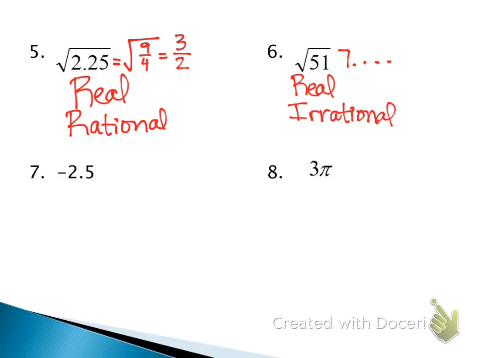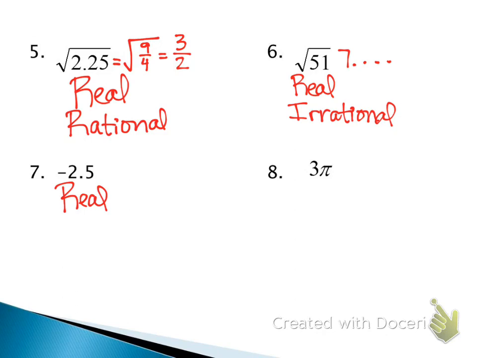Jakeem, what's the biggest number set for negative 2.5? Real. On all of these, that will be the most general set we could name. Time for all the names to go back in the bucket. Deja, what would we go with after that?